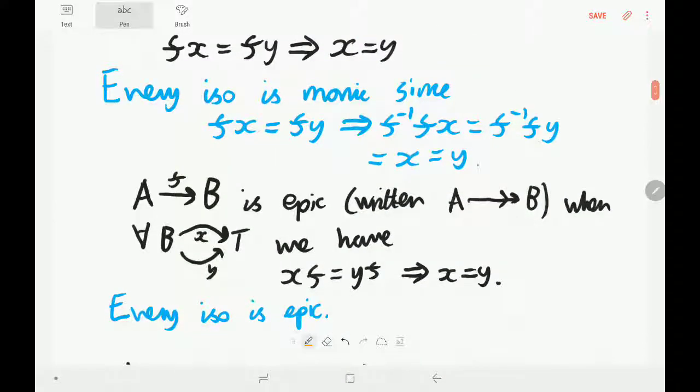An epic, short for epimorphism, is a kind of dual notion to a monic. We denote an epic with double arrows like this.